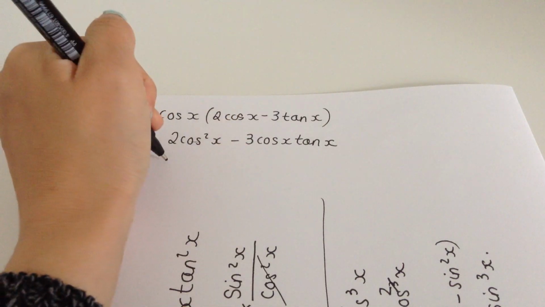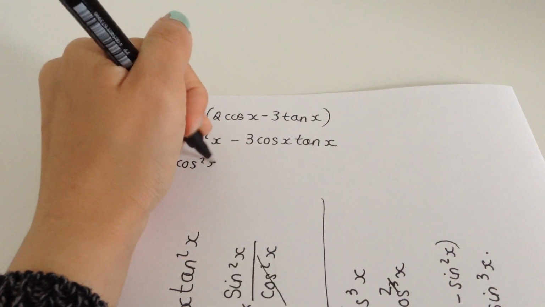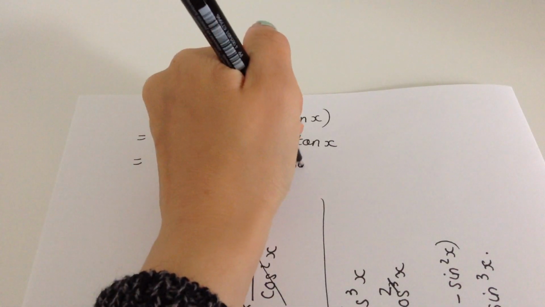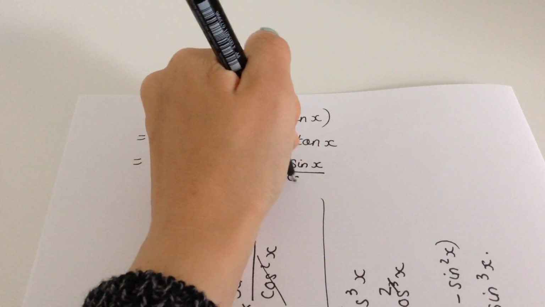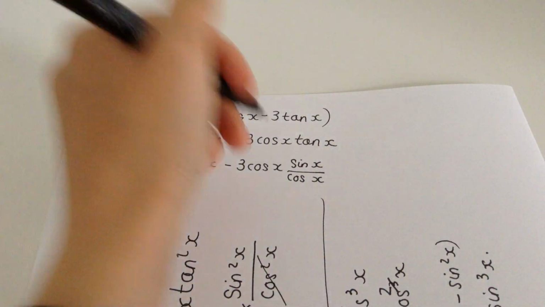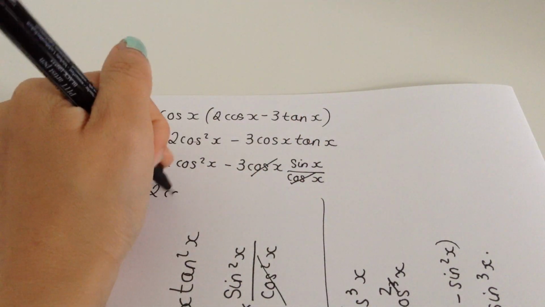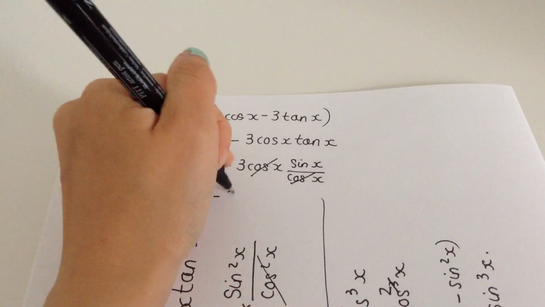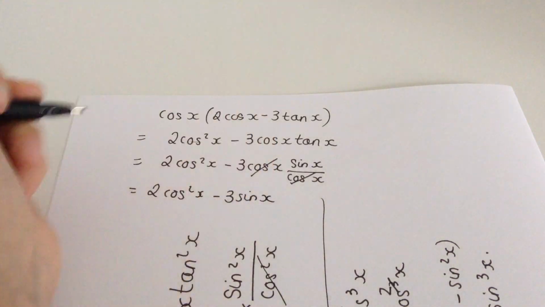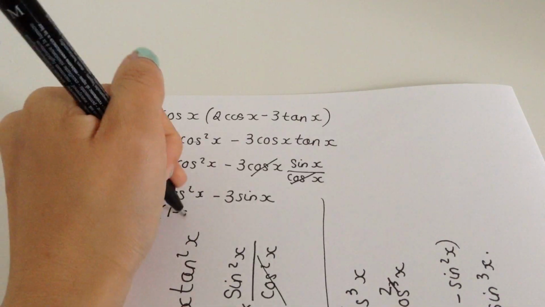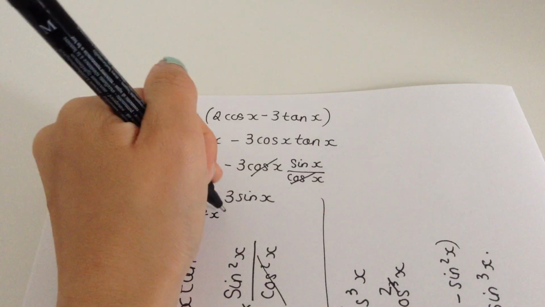I should change that tan though. 3 cos x sine x over cos x. Okay, so that can cancel with that. Then I should definitely change that into sine, because that way it all matches.